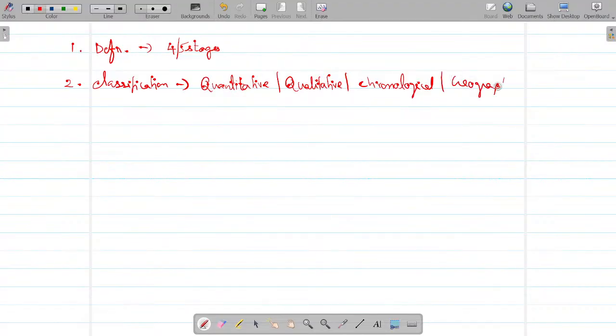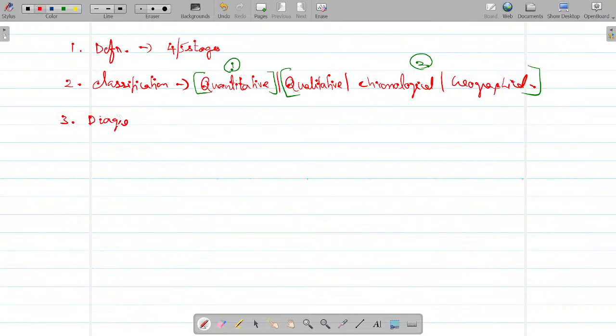We also discussed the different names for these. For example, chronological can be called time series. I'll group quantitative as one single group and all the others put together as the second group.